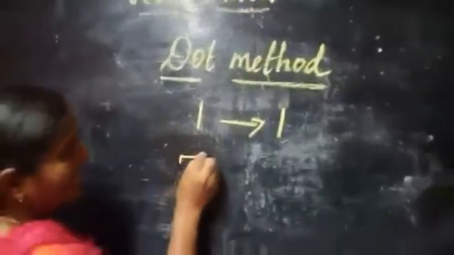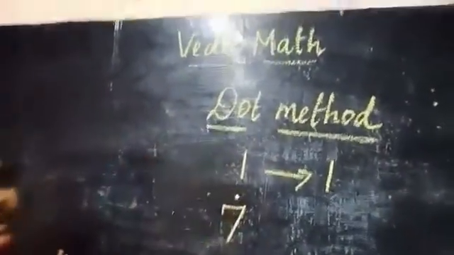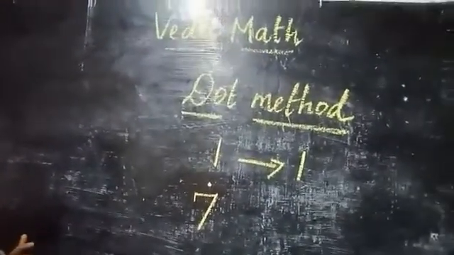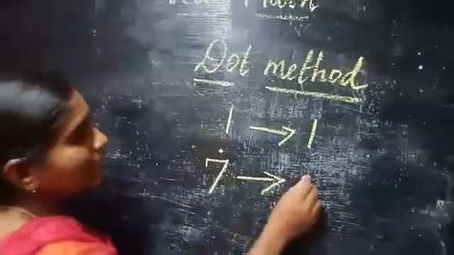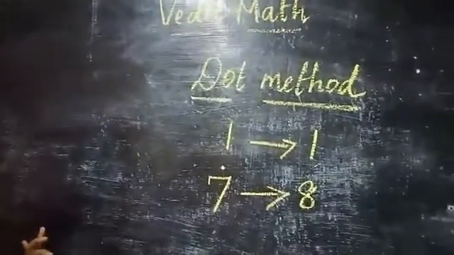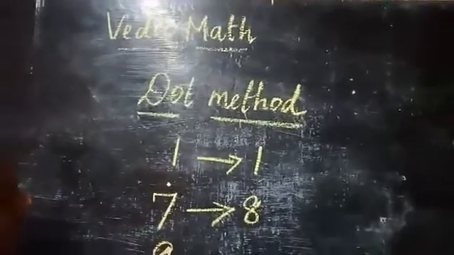Suppose I write 7 and place a dot on the top of 7. It means add 1 to the given number. So 7 plus 1 will give you 8. Now here, 9 dot.